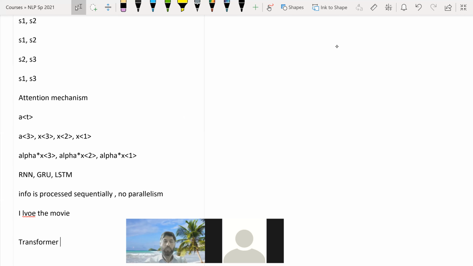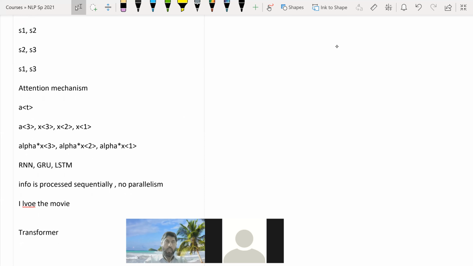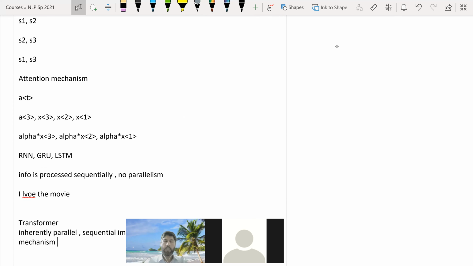So two things: one, it is inherently parallel, and second, sequential importance is maintained through the attention mechanism.